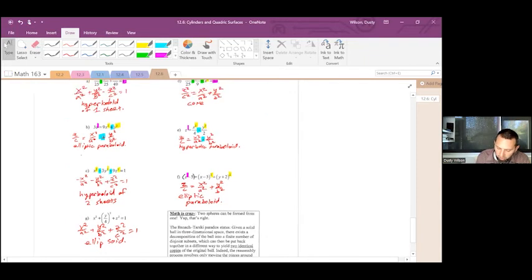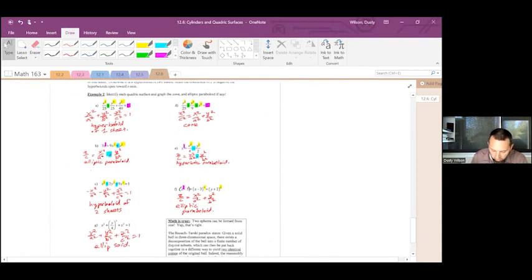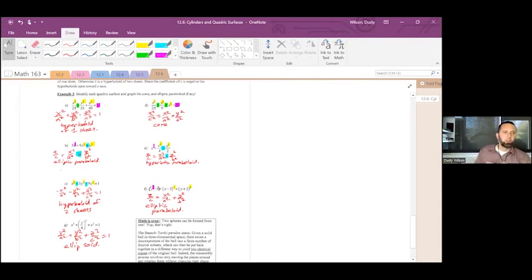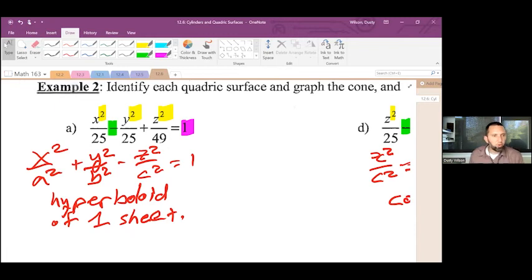So all that remains is trying to sketch these various critters. So let's see if we can sketch them one at a time. So in A, we want to graph a hyperboloid of one sheet, and specifically, we want a hyperboloid of one sheet that is along the y-axis.